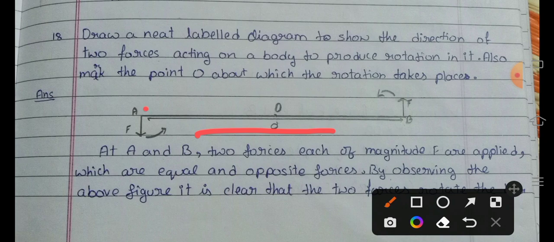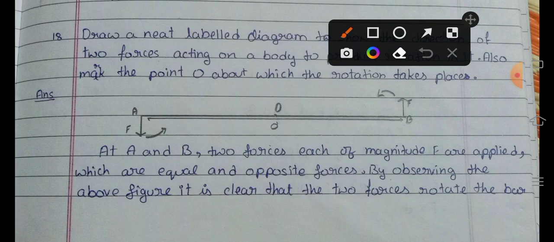See, the forces must be in opposite directions, then only the rotation is caused. Otherwise, if you apply them in the same direction, there will be no rotation. So the forces must be applied in the opposite direction, remember. And also mark the point O. So here is the point O, about which the body will start to rotate.